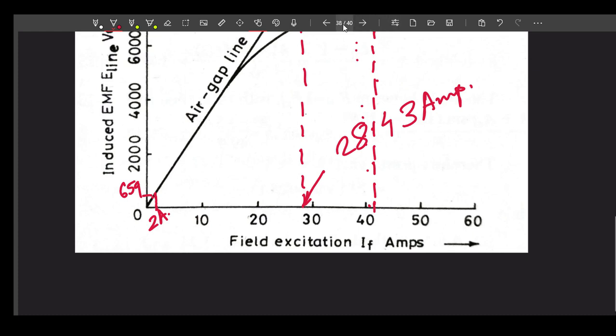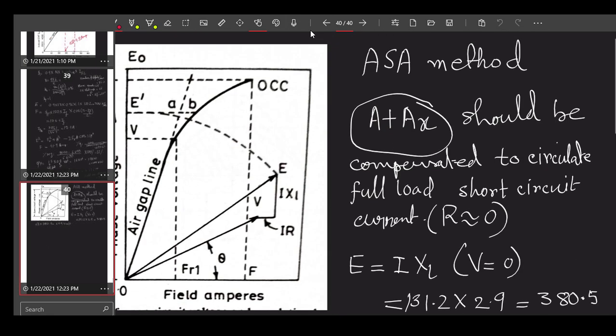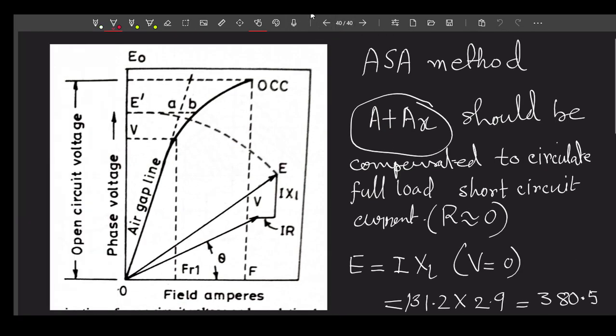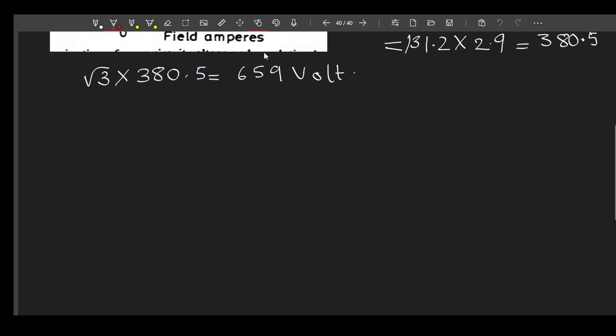So the corresponding value of I F is 2 ampere.